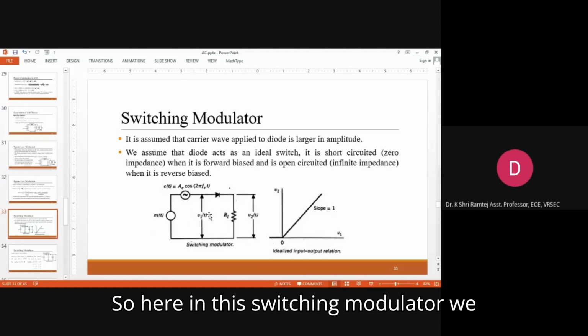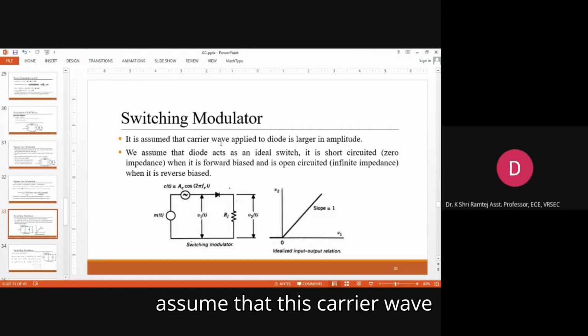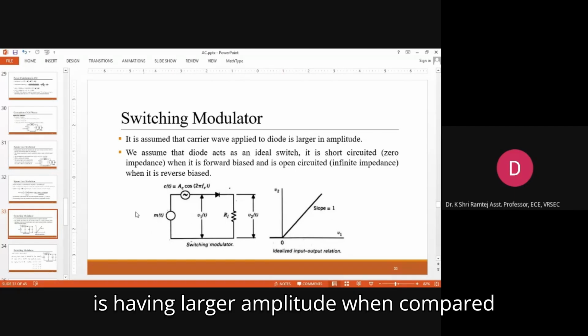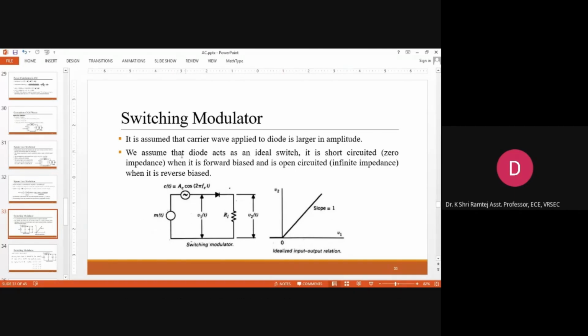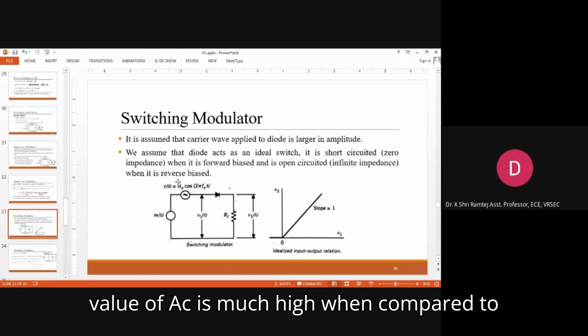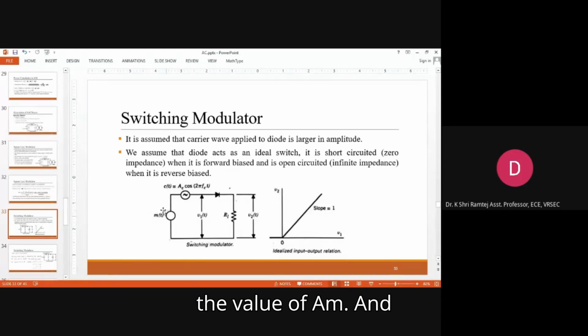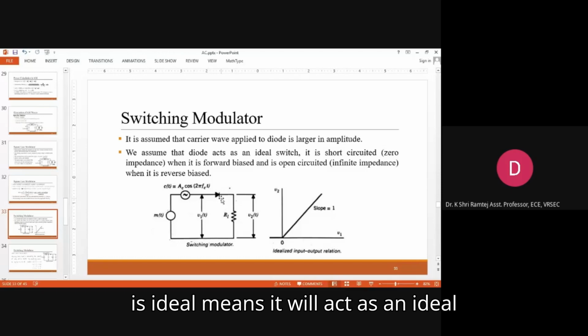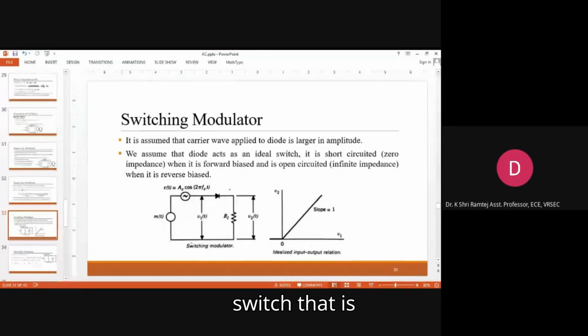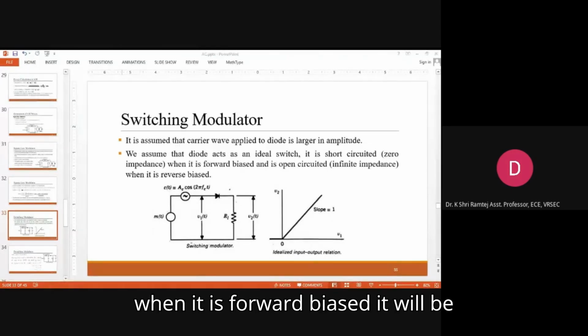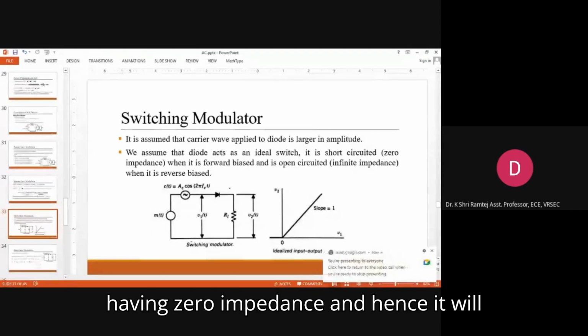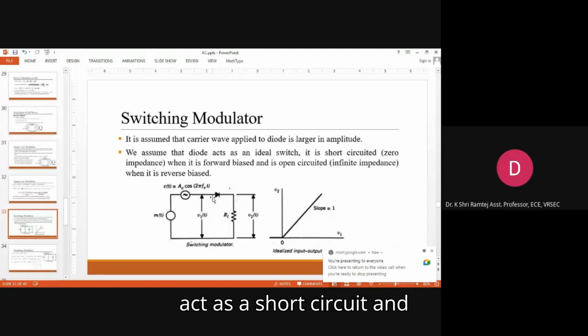In this switching modulator, we assume that the carrier wave has a larger amplitude when compared to the message signal. That means the value of AC is much higher when compared to the value of AM. And we also assume that the diode is ideal, meaning it will act as an ideal switch. That is, when it is forward biased, it will have zero impedance and hence act as a short circuit.